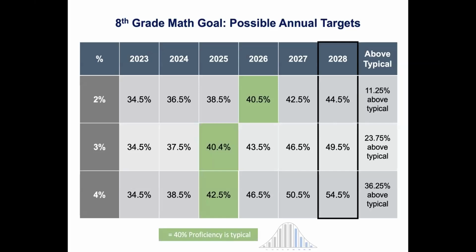Then in 2027 and 2028, let's focus on 2% growth. That's far enough into the future that our fiscal reality, our resource reality could change. If I did my math right, that puts us at about 41.5% for 2028, which is 1.5% above the national level, and about 3.75% above typical growth, which seems moderate, but encouraging and realistic for a 5-year goal.